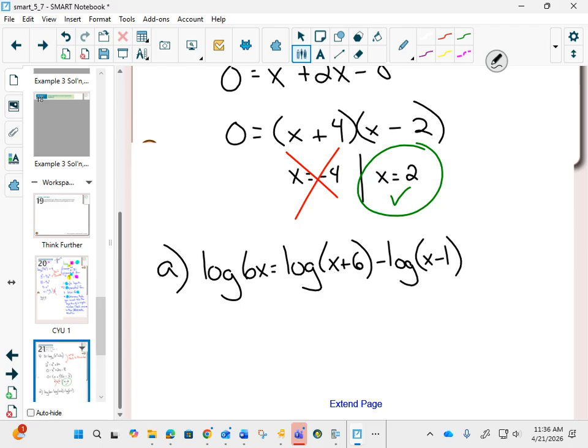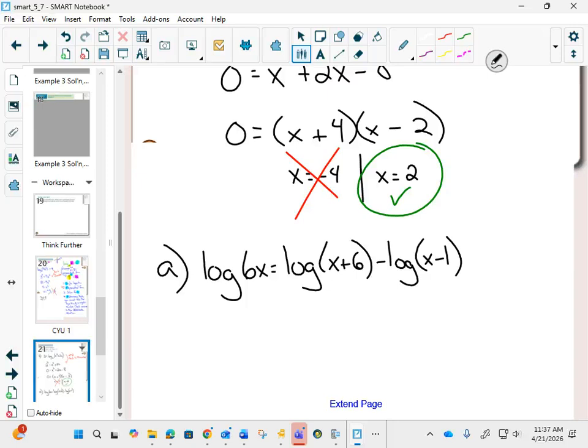We're solving for x. The x is inside of a logarithm. The key to solving for it is changing to exponential form. And in order to change to exponential form, we need a single logarithm. How many logarithms do we have right now? 3 of them.